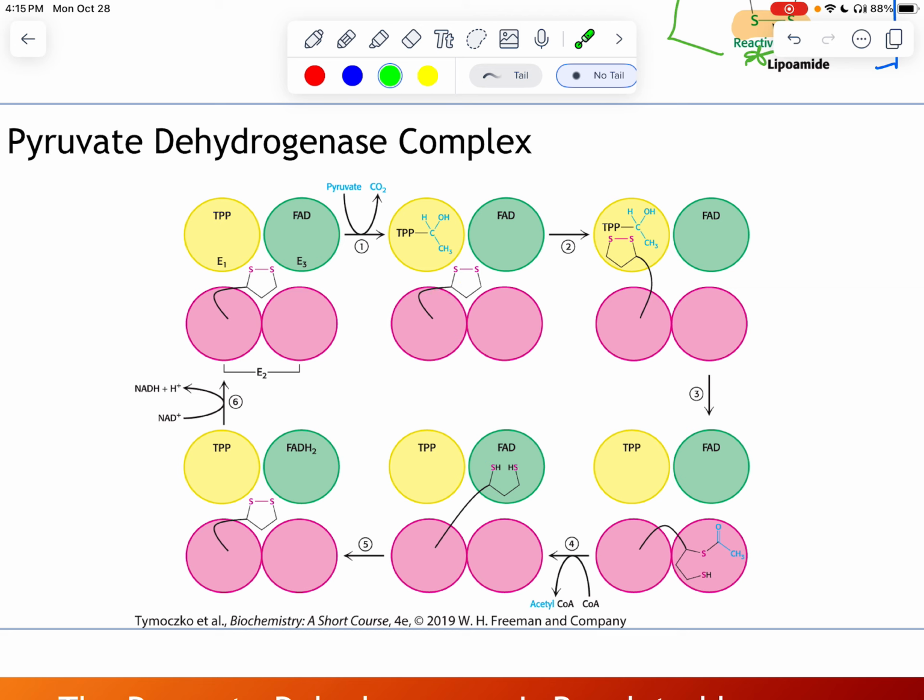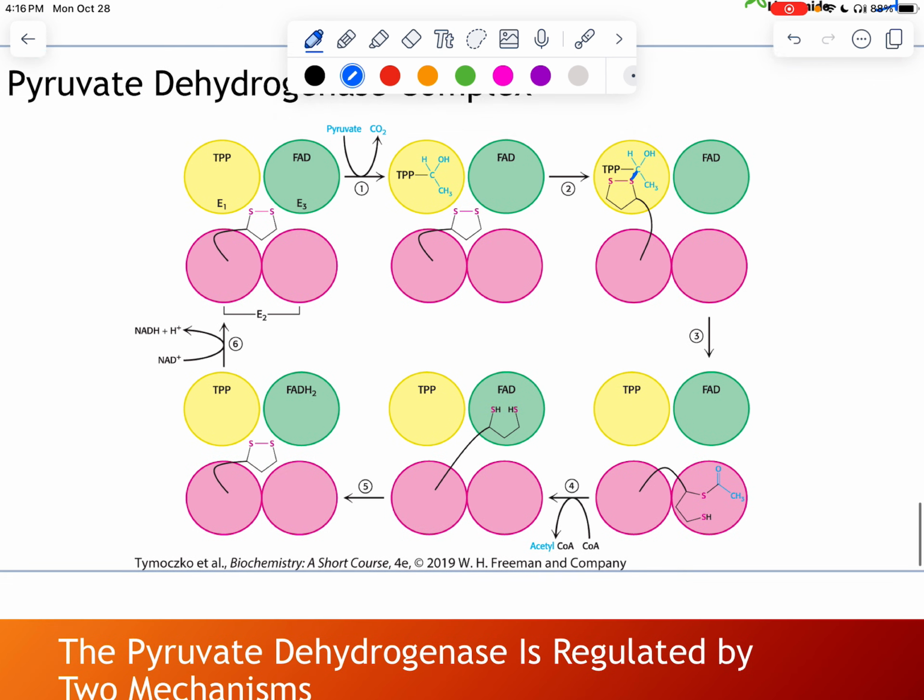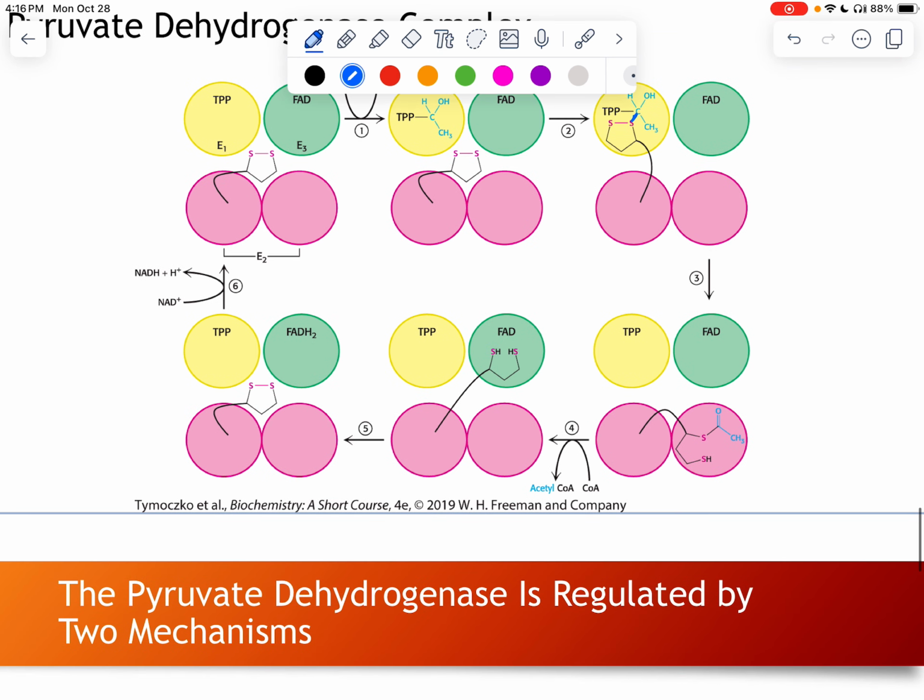All right, and when it does that, we're going to see that sulfur is going to form a bond with the carbon. So we're going to get a bond here. Okay, the sulfur is going to be reduced, the carbon will be oxidized back to a carbonyl, and here we are down here. It gets pulled back down into the enzyme 2 section.